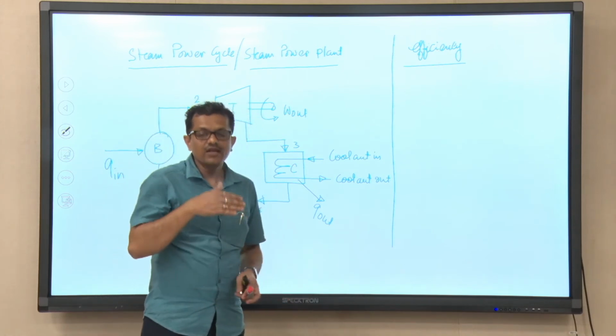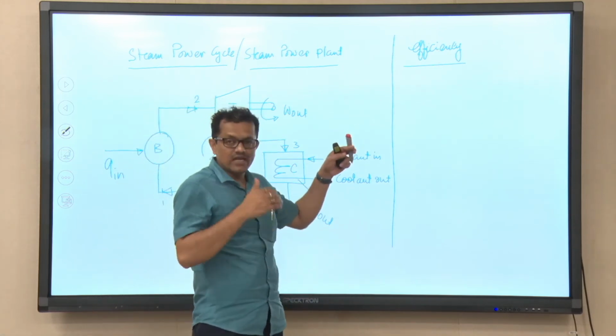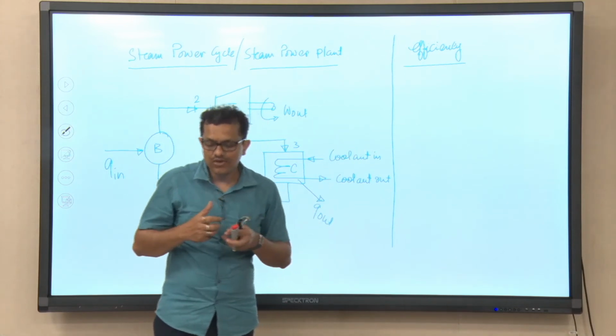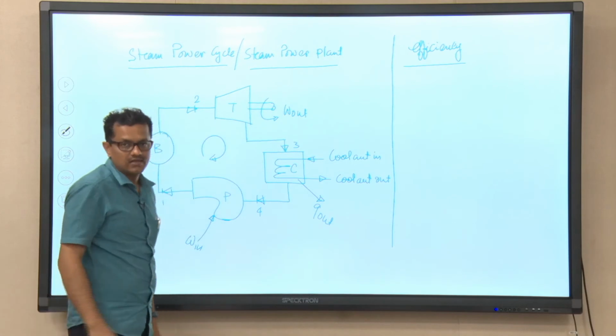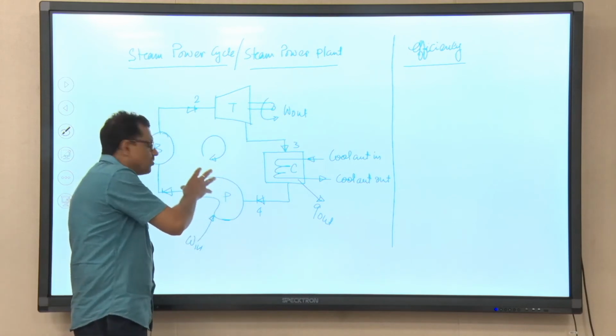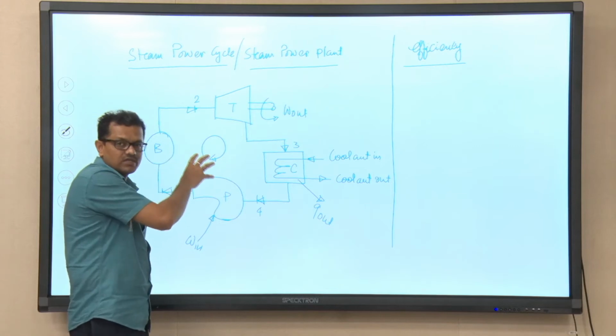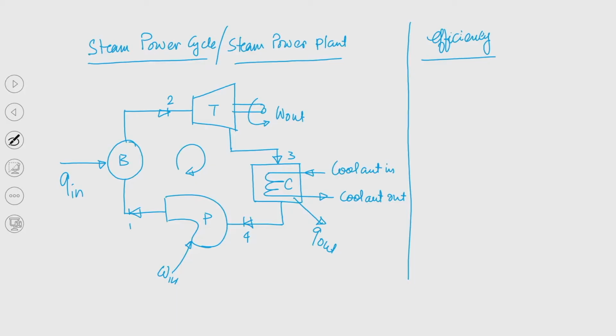When we calculate the efficiency of a plant, we assume all the processes in the circuit are ideal. If all the processes are ideal, the corresponding efficiency is called the ideal cycle efficiency.